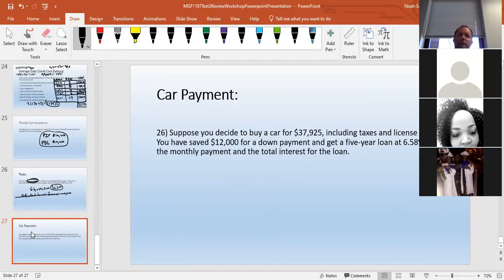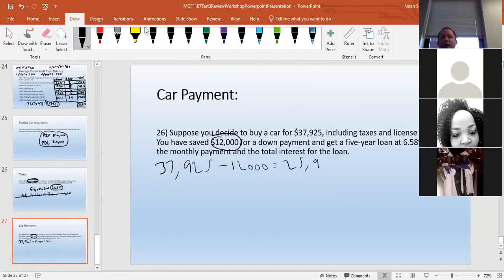So the first thing is you have the price of the car, $37,925, and that's not exactly what the person's borrowing as a loan, though, because of the down payment. That's actually being taken away from how much is going to be borrowed because it's paid up front. And so if you subtract off 12,000, you get 25,925 as the amount of the loan.